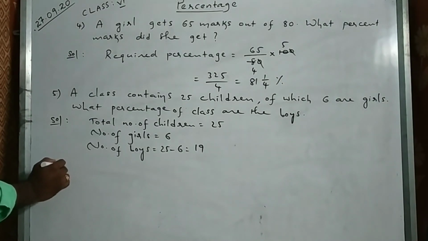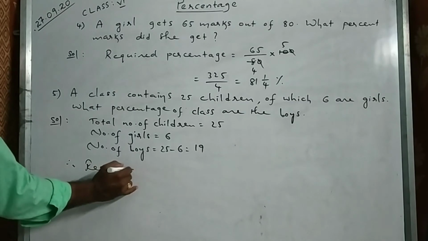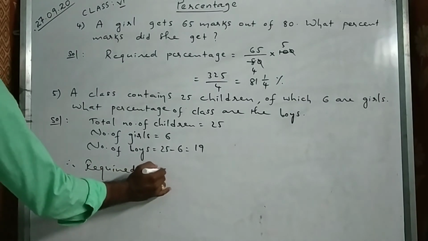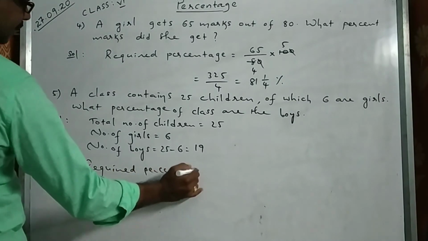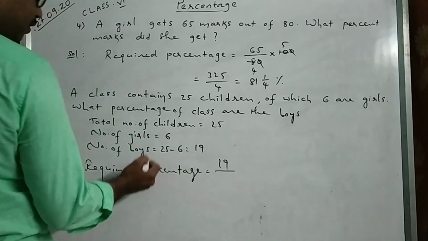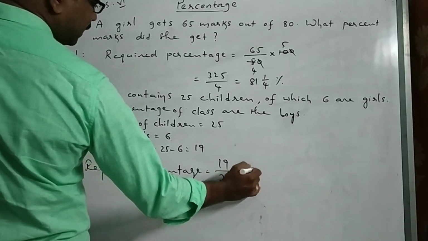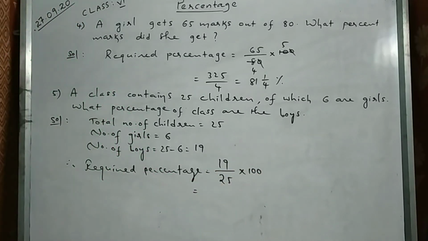So, what percentage of the class are the boys? Required percentage means percentage of boys I am finding. How many boys are there? 19 by total how many children we have? 25 into 100. Did you understand now?